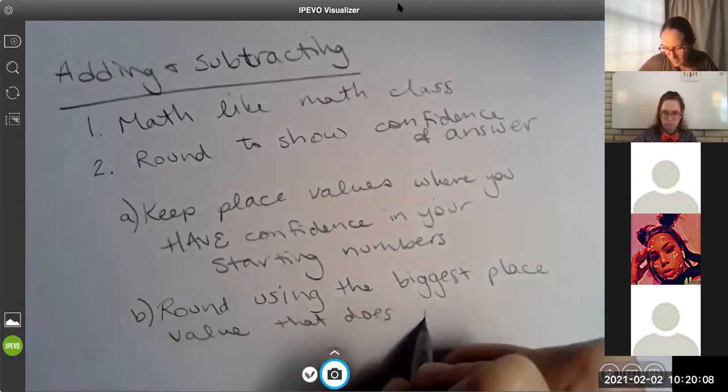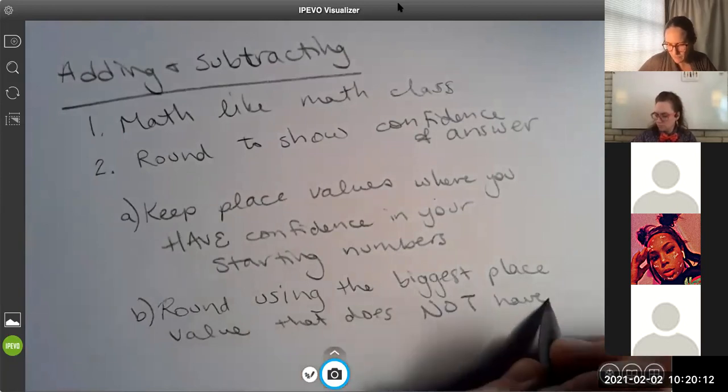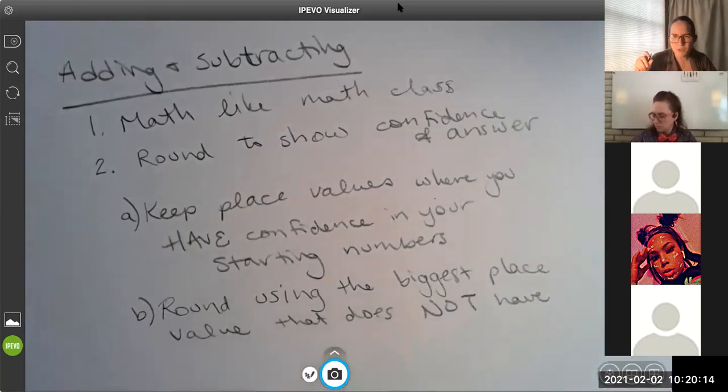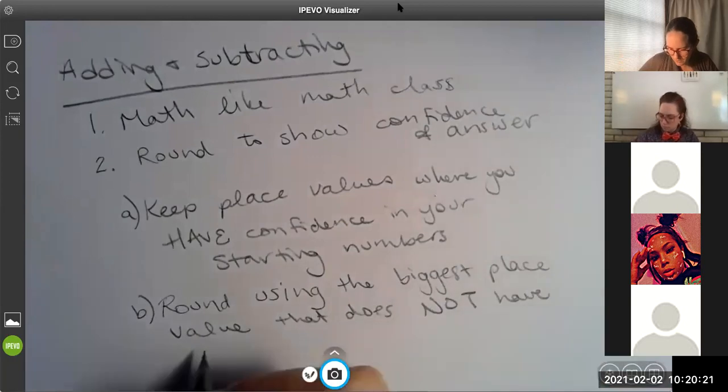To give that a little bit more: the biggest place value that does not have a significant figure in both starting numbers.